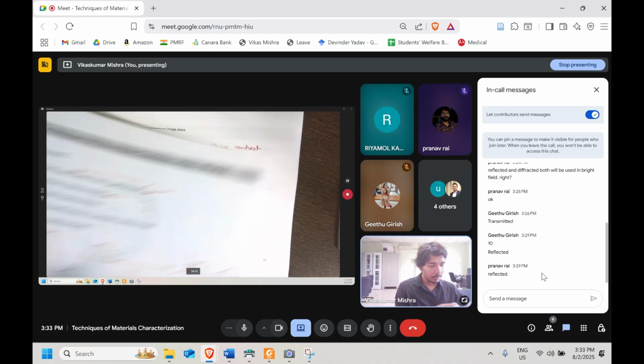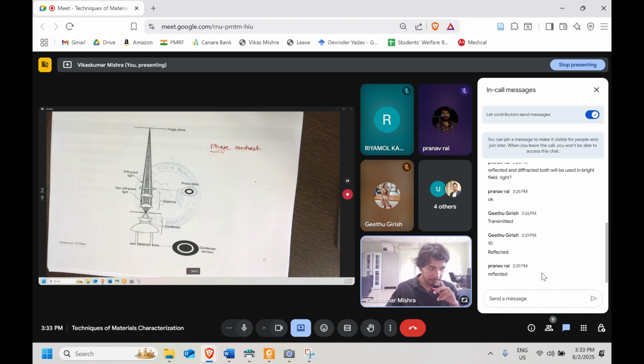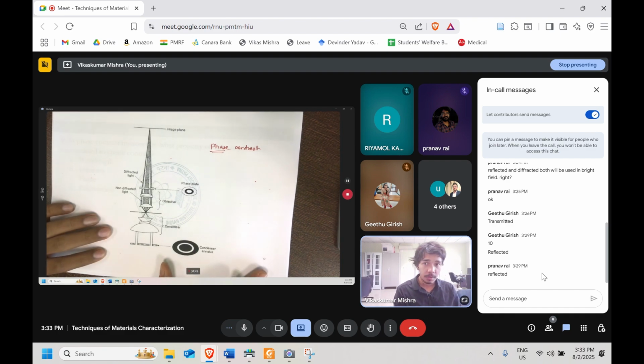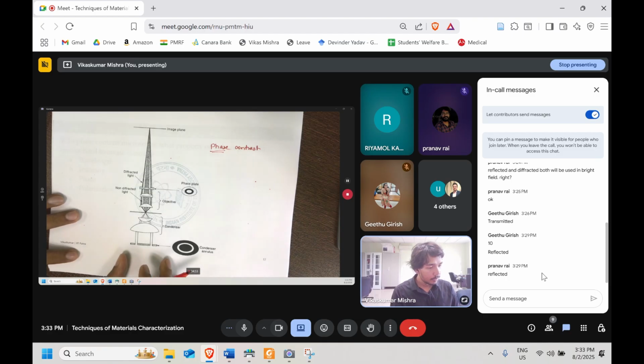So now let's see what is happening over here, and how this is done. The light is coming and going to this particular condenser annulus. It is only allowing certain things through.